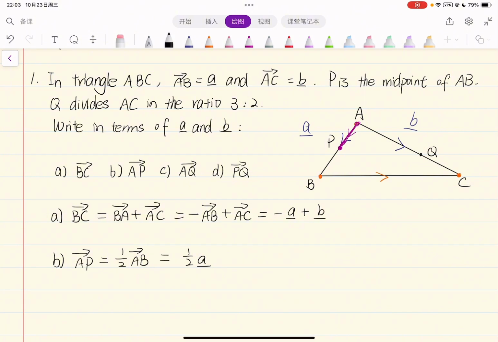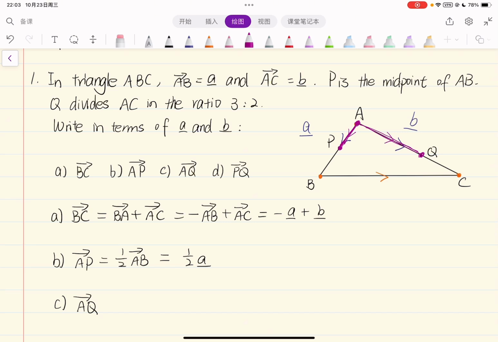For part C, it asks you to find the vector AQ. So we need to find this vector, starting from point A and ending at point Q. We know that Q divides AC in the ratio 3 to 2.